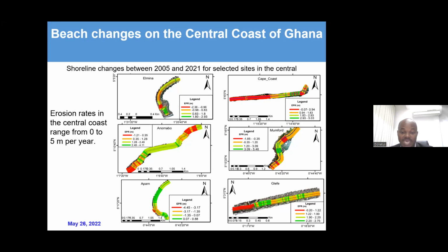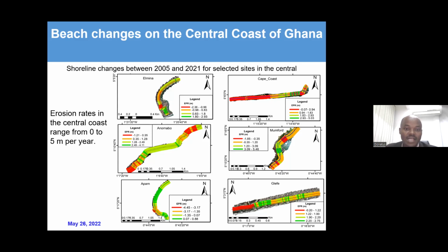We have mixed bay beaches, we have open beaches, and as you can see, these are 6 selected sites for the central coast.